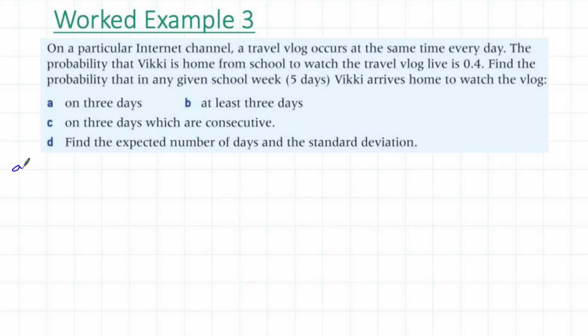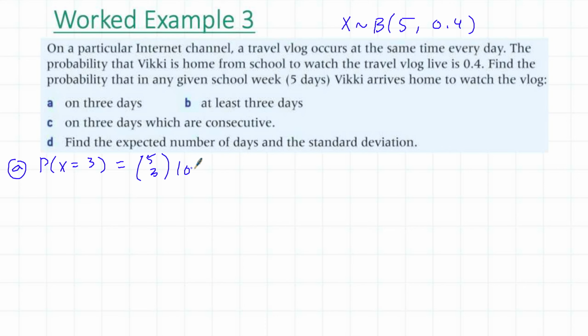I'm going to directly just write out the solutions for these, but let's just write out the distribution. X follows a distribution of 5 trials and the probability of success being 0.4. So for part A, we need x to be equal to 3, and that will be 5 choose 3, 0.4 cubed, 0.6 squared, so you write it out and then use binomial PDF, and it should give you 0.2304.